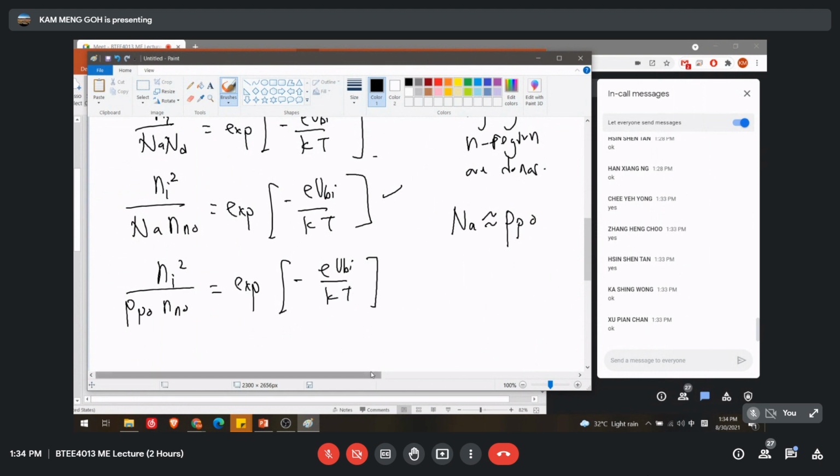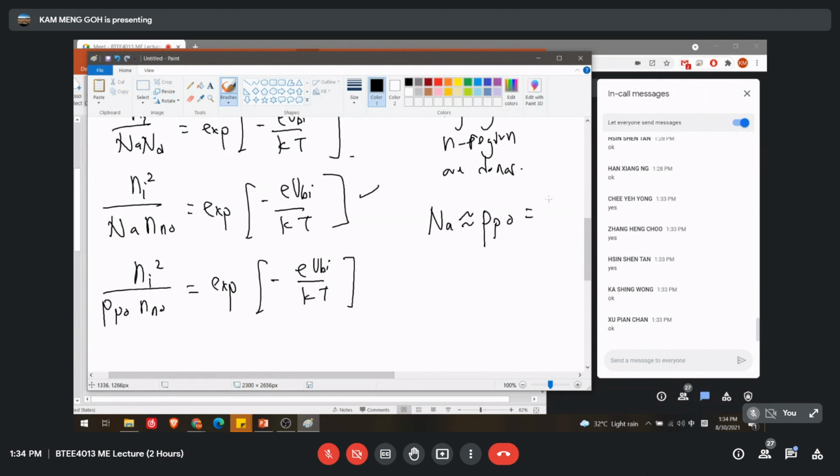And in this case, we can also write it as NI squared divided by the NPO. Okay, I think you still remember this, right? Just now we explained this. And NI squared will become the PPO multiplied by the NPO, provided both sides are silicon or the same material.